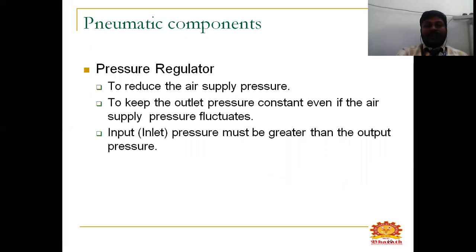Next is the regulator. After filtering, a pressure regulator is used to reduce the air supply pressure and keep the outlet pressure constant even if the air supply fluctuates. The inlet pressure must be greater than the output pressure.